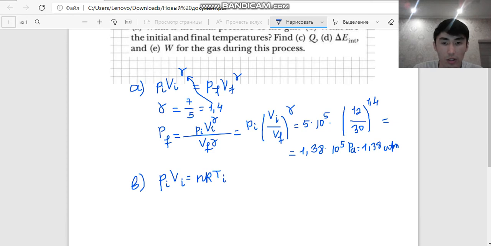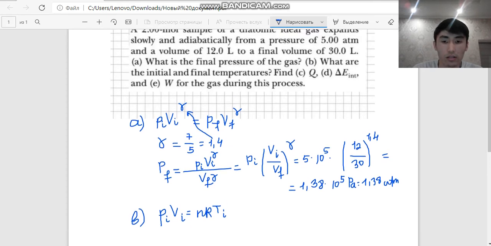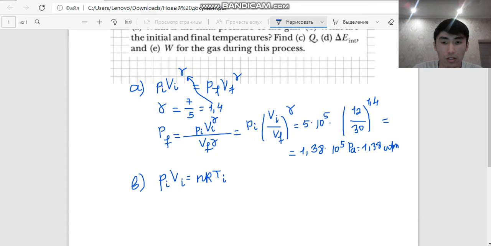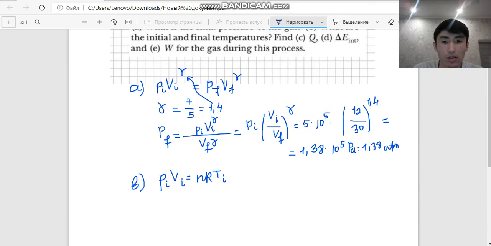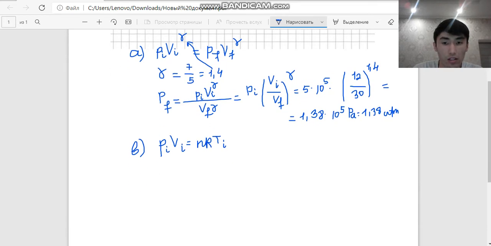Here we can find the initial temperature because all these values are given: initial pressure, initial volume, the number of moles, and the universal gas constant. So let's write T initial equal to P initial V initial over nR.